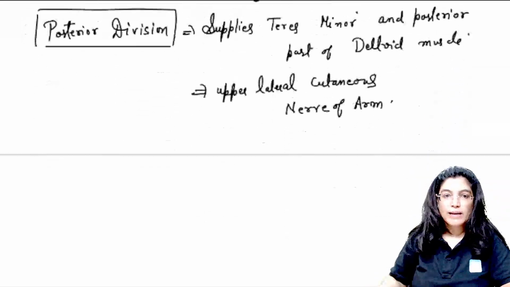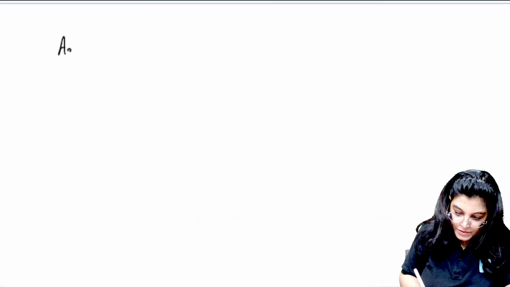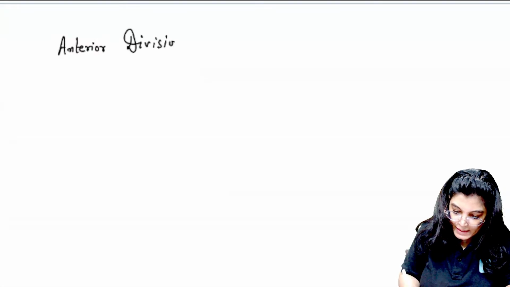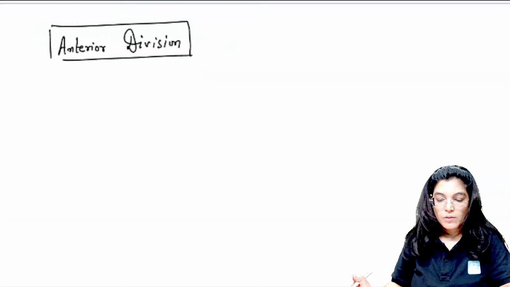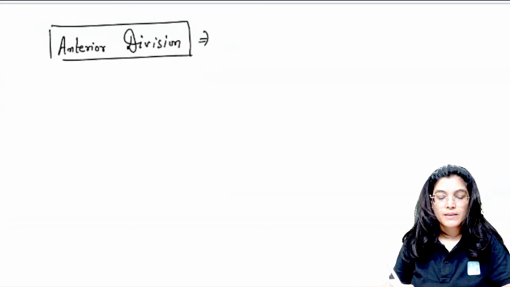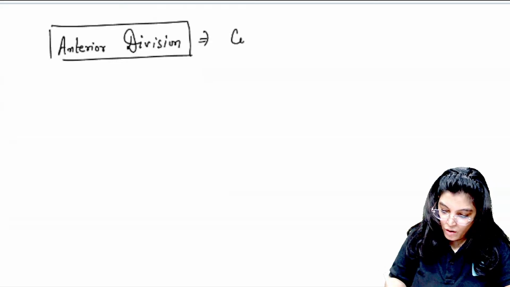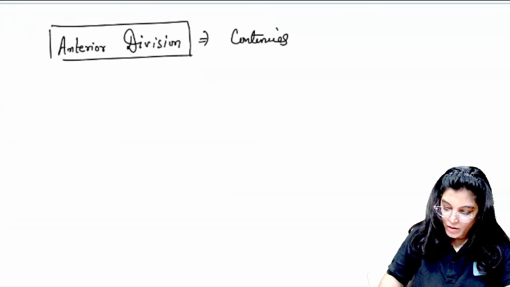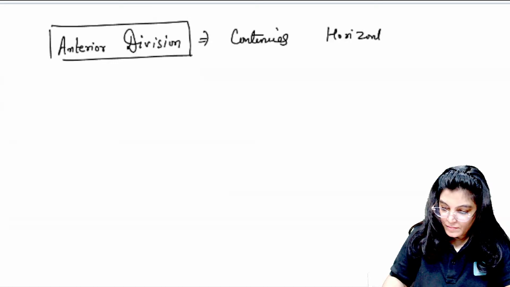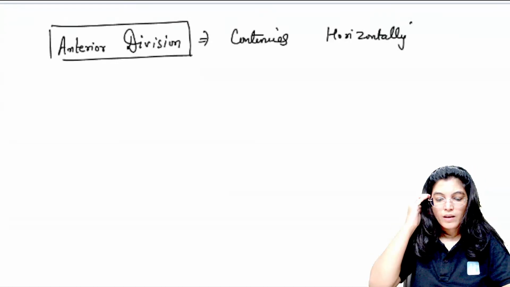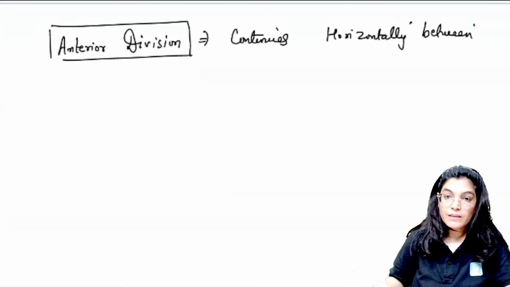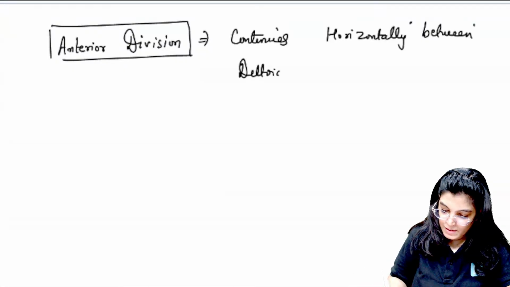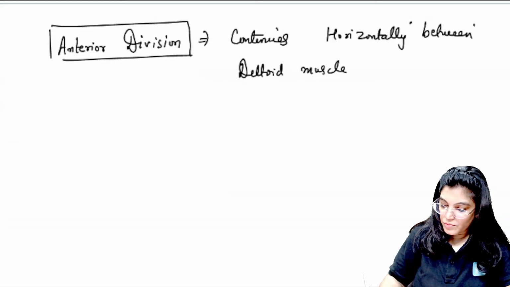Now let's talk about the anterior division. If I talk about the anterior division of the axillary nerve, it will continue horizontally between the deltoid muscle and the surgical neck of humerus.